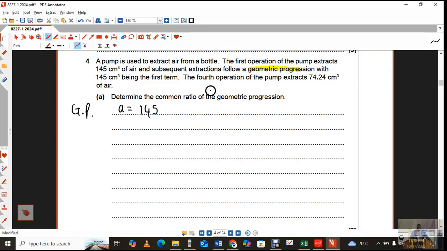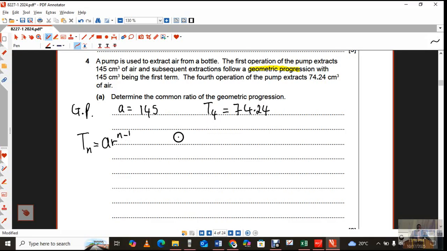They say the fourth operation of the pump, so the fourth term, extracts 74.24. The thing that is going to guide me is the T sub n formula, which is a r raised to the power n minus 1.